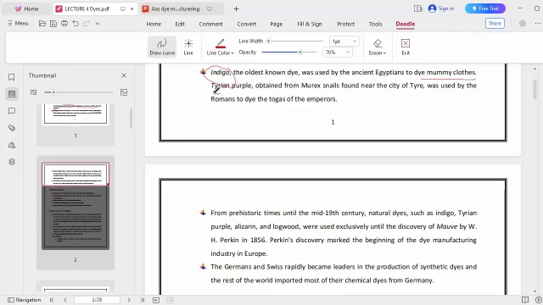Also, there's the Tyrian purple dye, which was used by the Romans and which was obtained from snails.